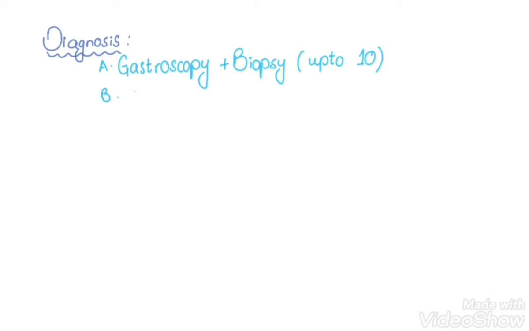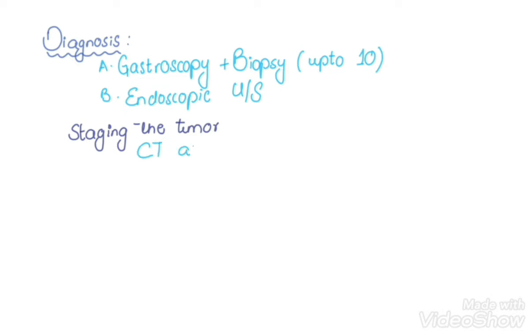In order to diagnose gastric carcinoma, we do gastroscopy, in which we see the tumor itself and we take aggressive biopsies, up to 10 biopsy specimens from it. Then endoscopic ultrasound can also be done to find the depth of cancer invasion into the wall of the stomach.